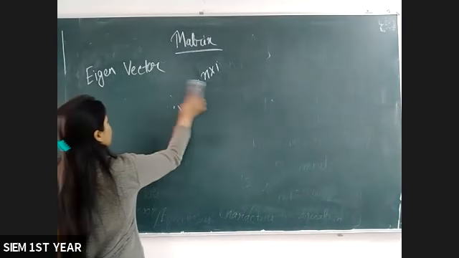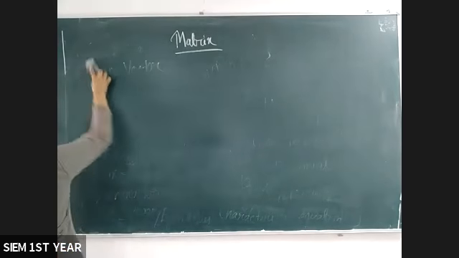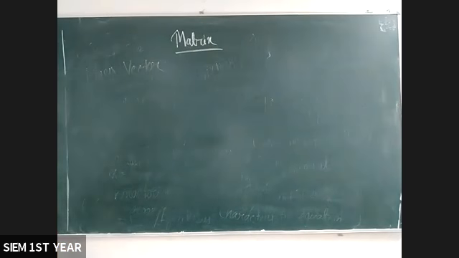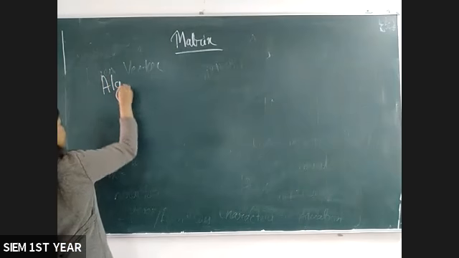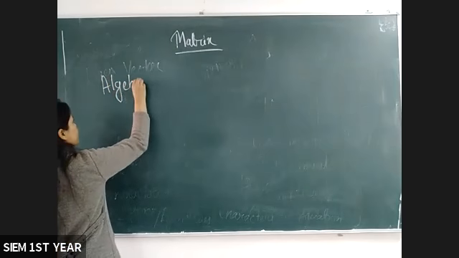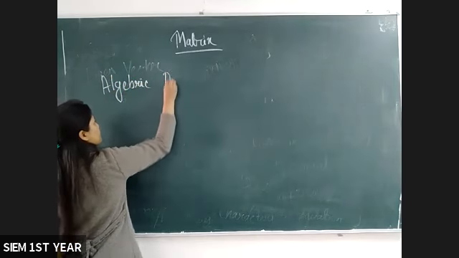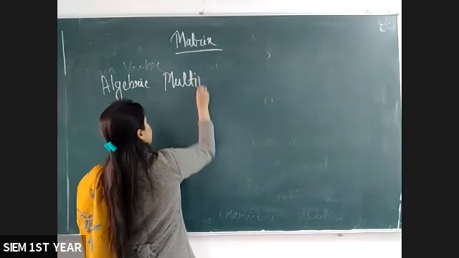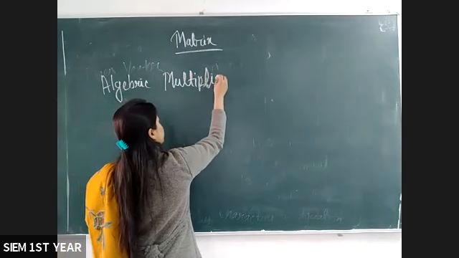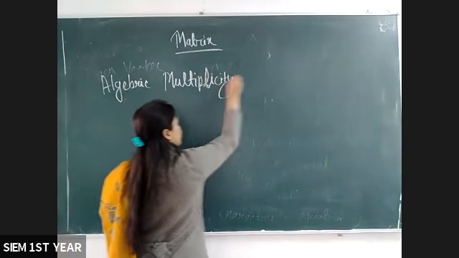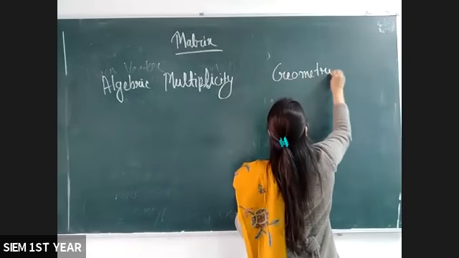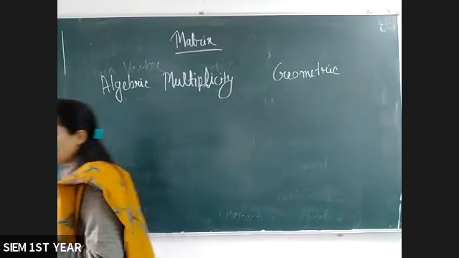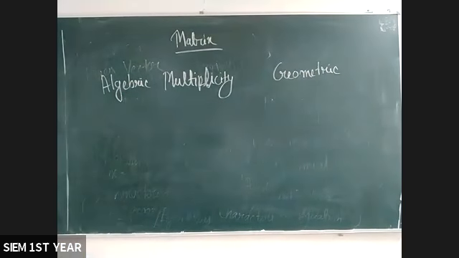So there are two types of multiplicity: one is algebraic multiplicity, another is geometric multiplicity. So what is actually algebraic multiplicity and geometric multiplicity?